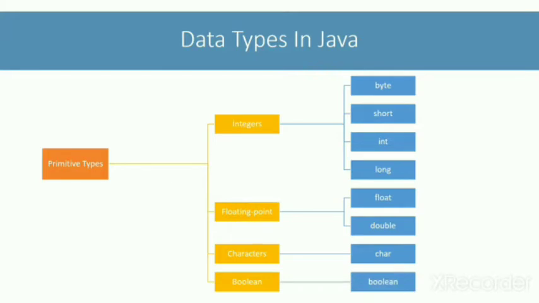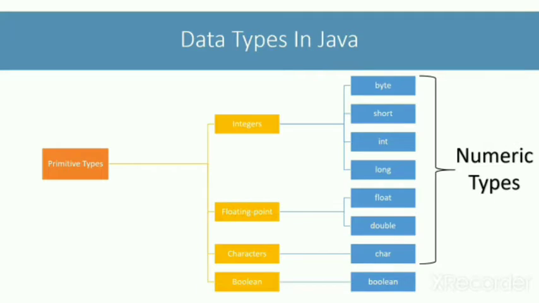This gives us 8 primitive data types, namely byte, short, int, long, float, double, char, and boolean. Out of these 8 primitive data types, the first 7 data types are collectively termed as numeric types, as they deal with numerical values. Next, we will look into each of these data types in detail.